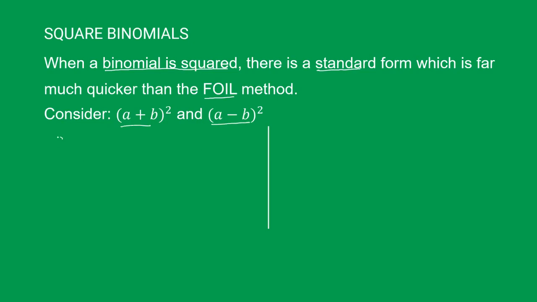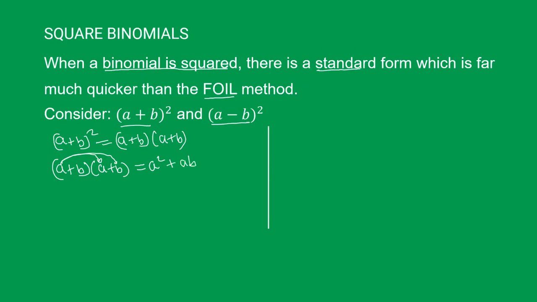Let's say we have (a + b) squared. This means (a + b) times (a + b), isn't it? Let's use the FOIL method for this. So it's going to be a times a, which is a squared, and then a times b, which is ab, then b times a, which is ab, then b times b, which is b squared.